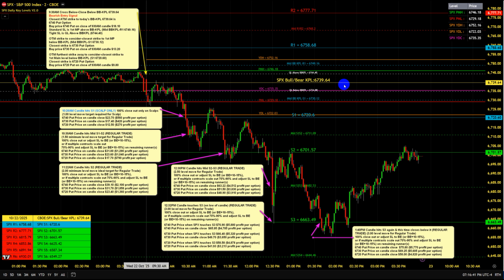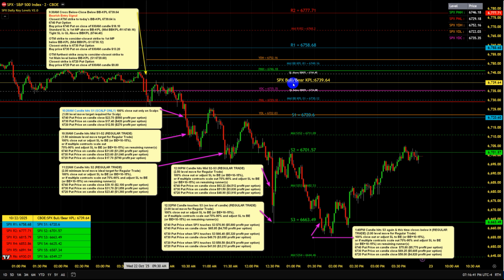Each trading day before the market opens, this indicator analyzes overnight and pre-market action in the S&P 500 E-mini futures, as well as recent days' price action in the SPX index, as well as current market dynamics and current volatility, and it will generate and plot the levels for you at 9:30 a.m. Eastern New York time each trading day that the SPX market is open.